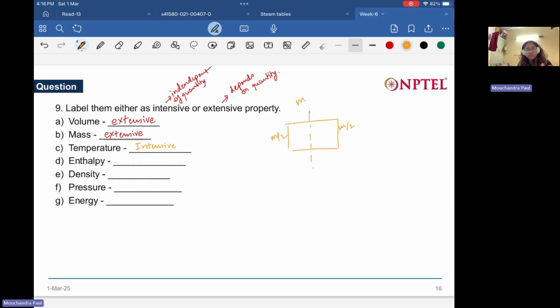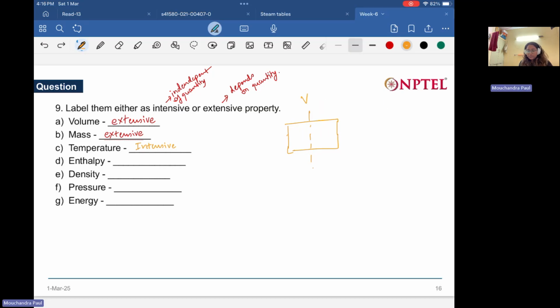Similarly, if the system has a total volume of V, then when you divide it, each half will have a volume of V by 2.